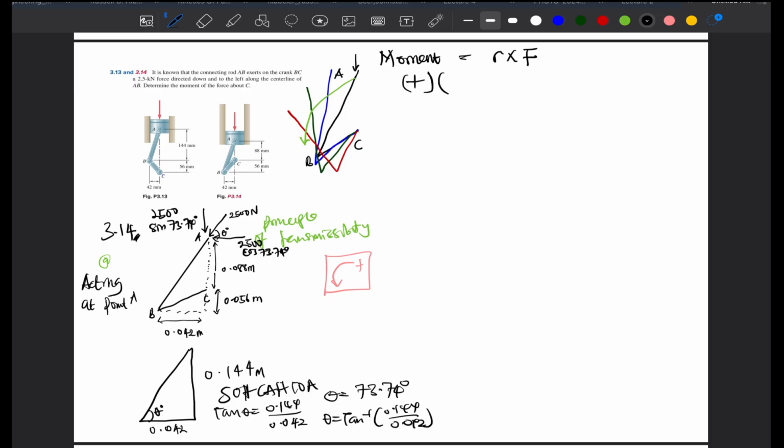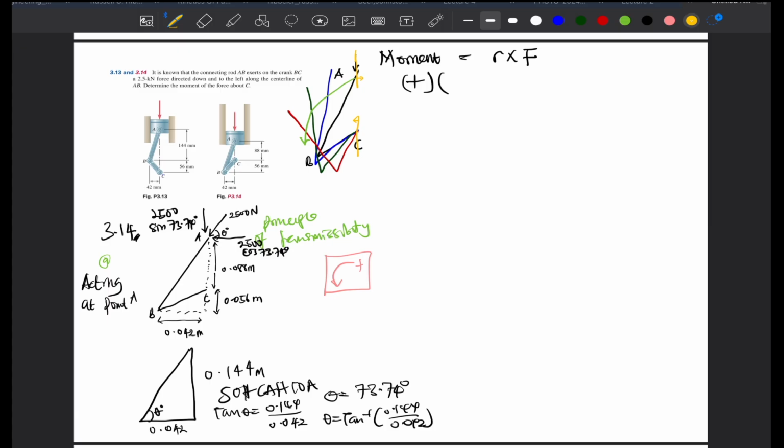Then for our perpendicular distance, like I said, we take a parallel at our point of application and a similar parallel at C. Then we look for the distance between them.